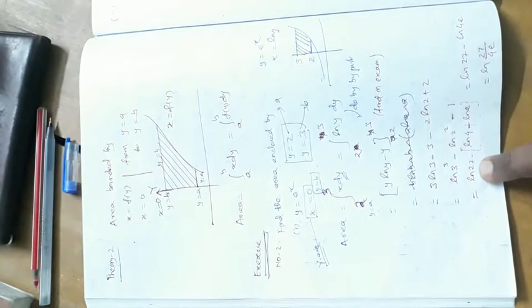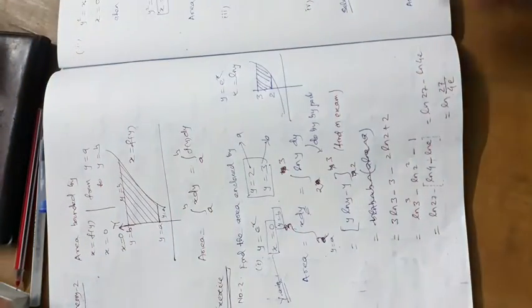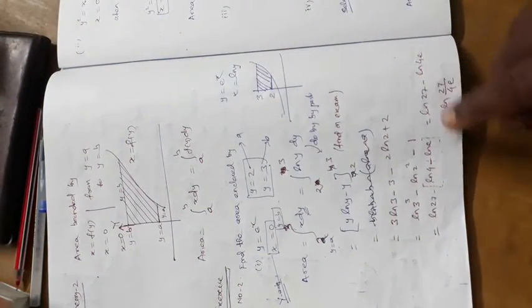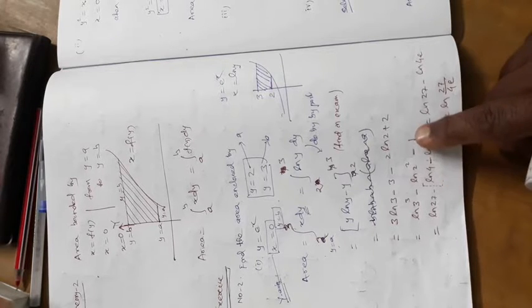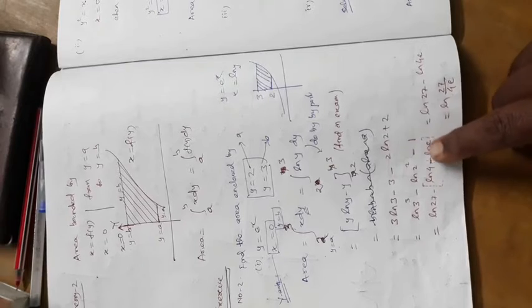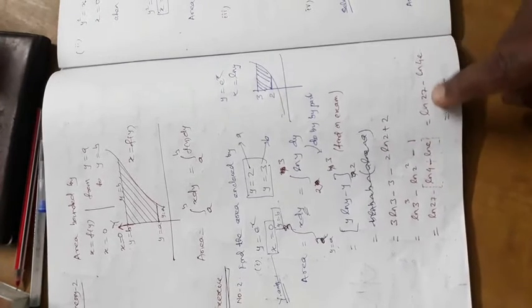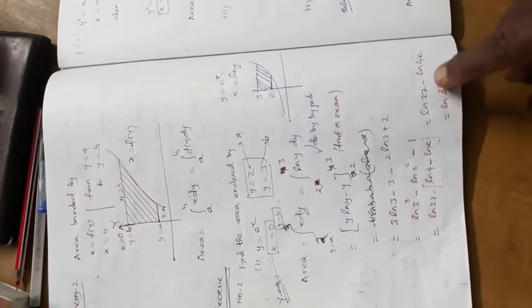Okay, this is ln a minus ln b. Ln a minus ln b is what? Ln a by b. Ln a plus ln b is ln ab. It is ln a minus ln b, ln a by b.